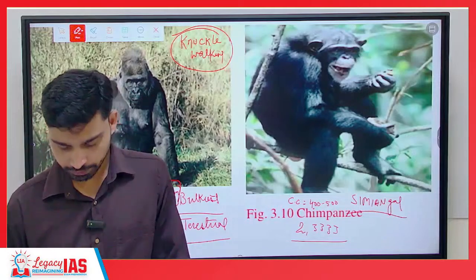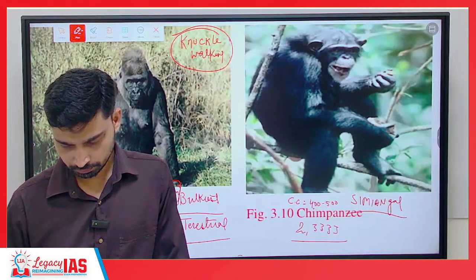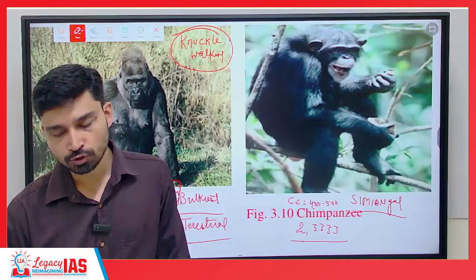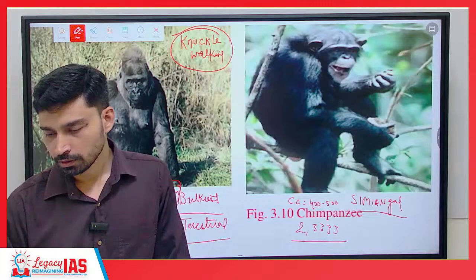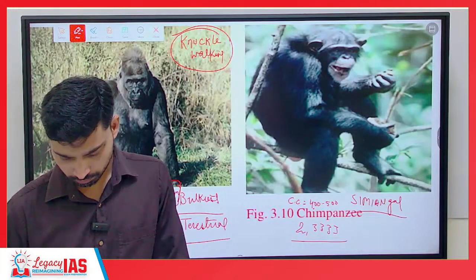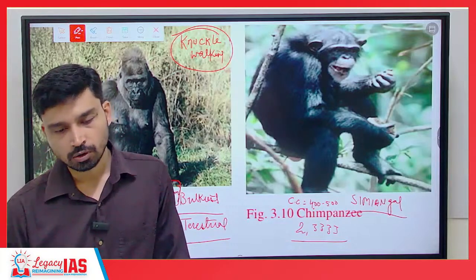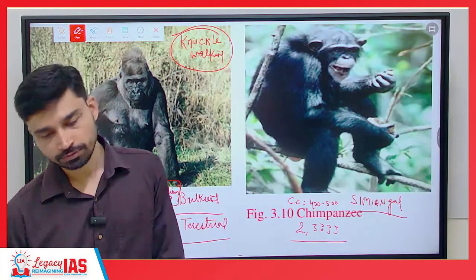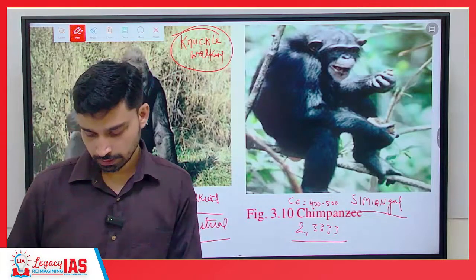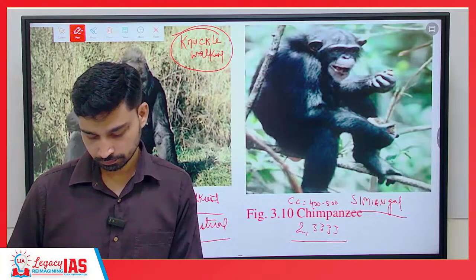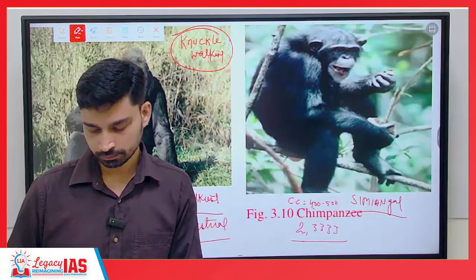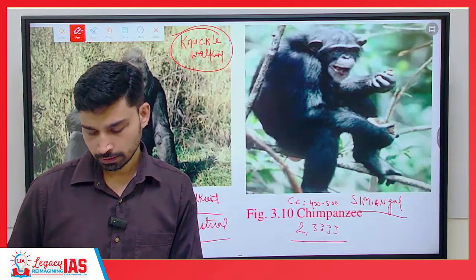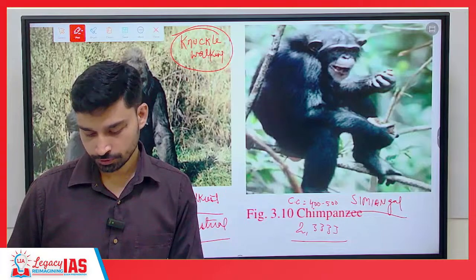And last we can write: it is the strongest of all the primates and is found in African forests.